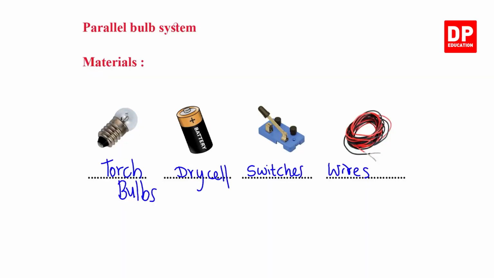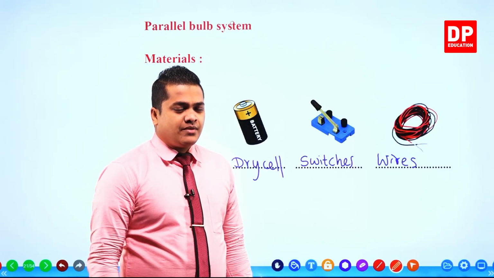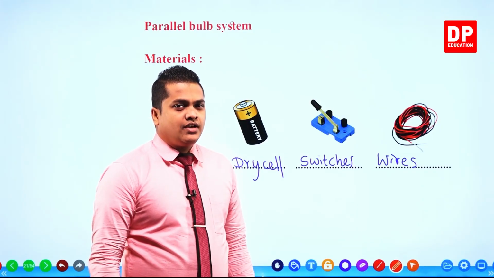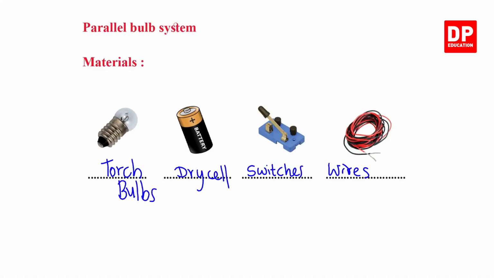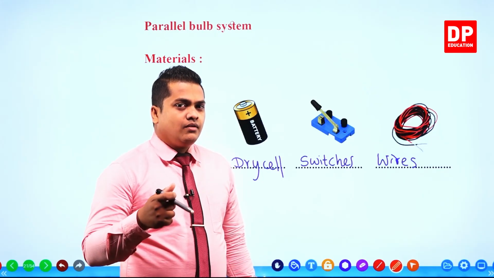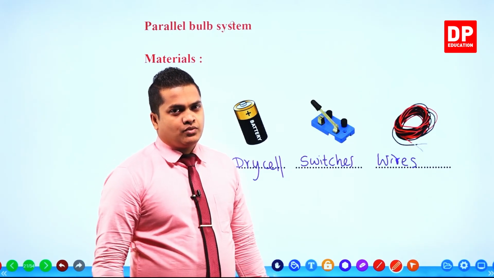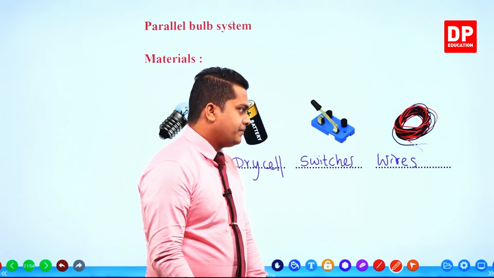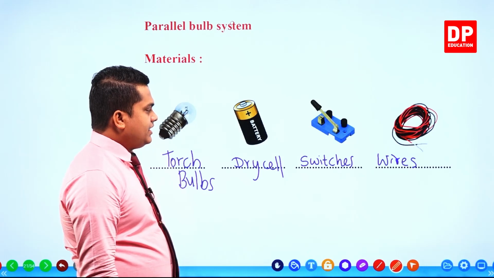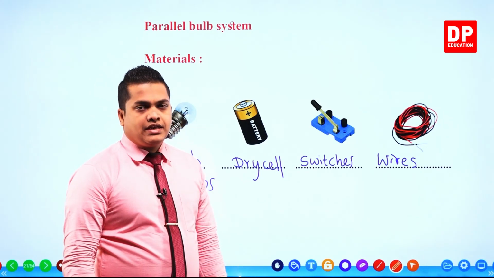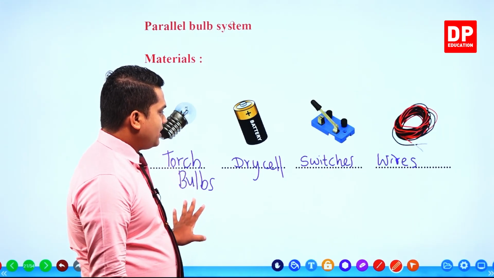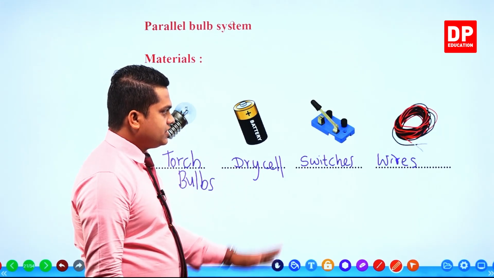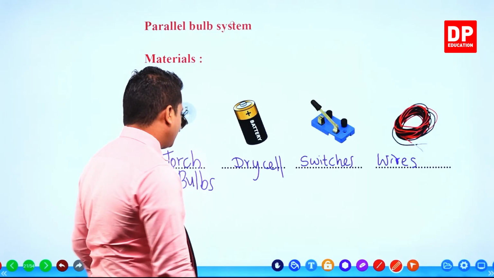So bulbs can be used to check the voltage or whatever the key components in here, because by checking the brightness we can come to a conclusion. Okay, so these are the materials that we need in conducting this activity. We need torch bulbs, dry cells, some switches and some wires.